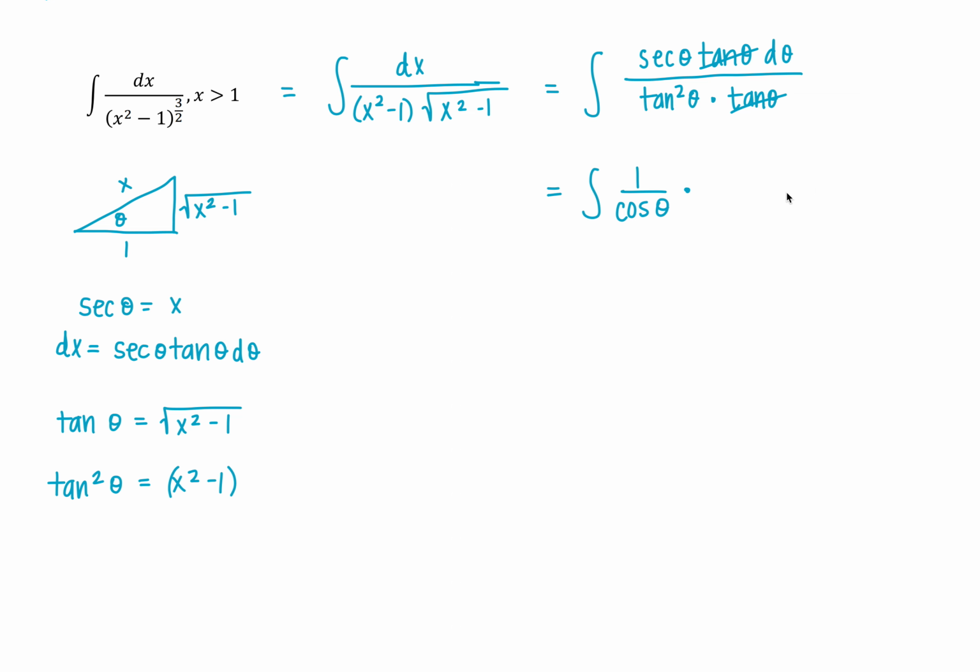So it's going to be cosine squared theta over sine squared theta d theta. And that's going to allow me to cancel the cosine theta in the denominator with one of the cosine thetas up in the numerator, leaving me with cosine theta d theta over sine squared theta.